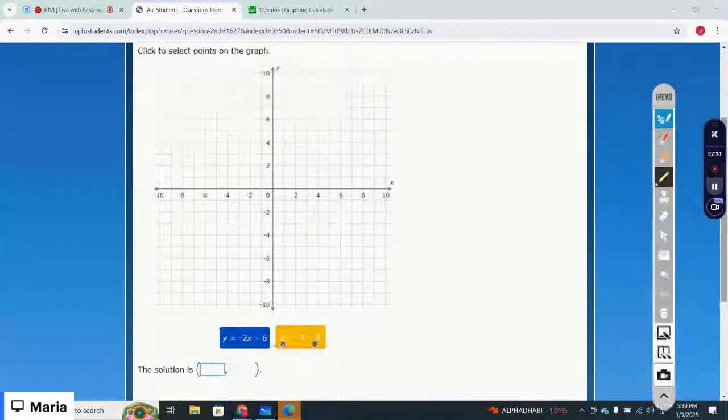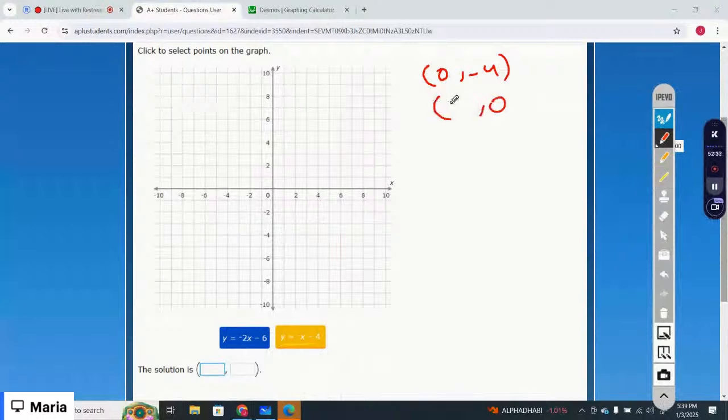Okay, start with this equation, y equals -x minus 4, right? So when x is 0, y is -4. And when y is 0, x is -4, right?